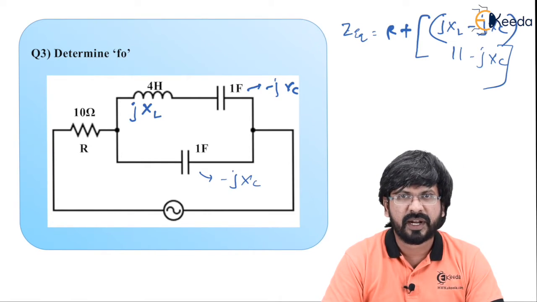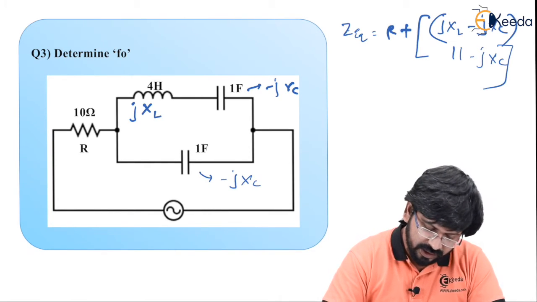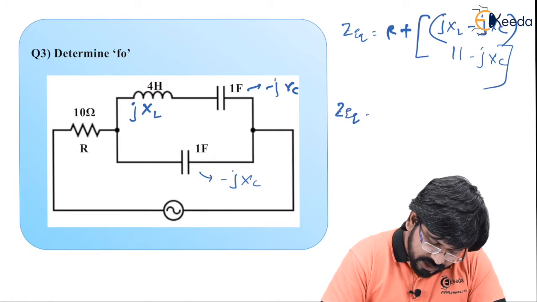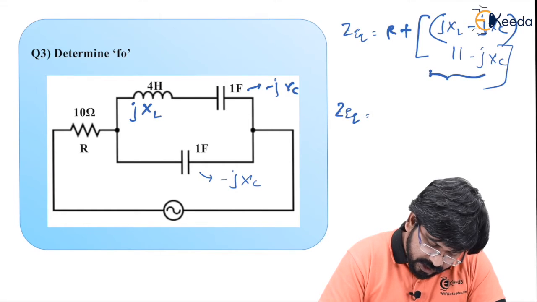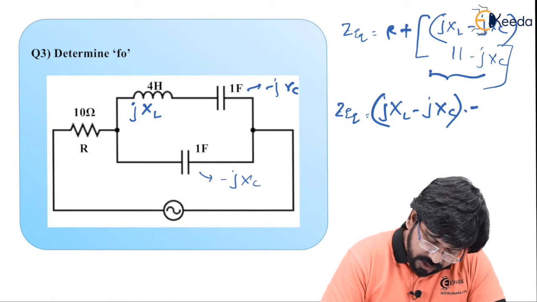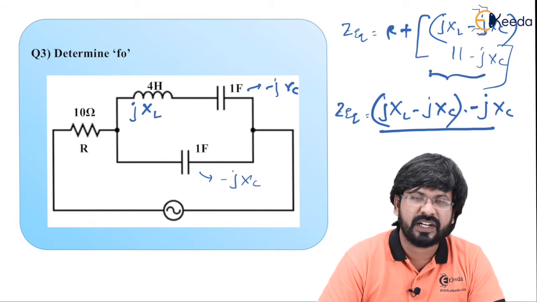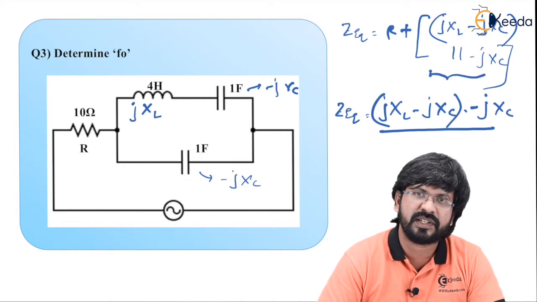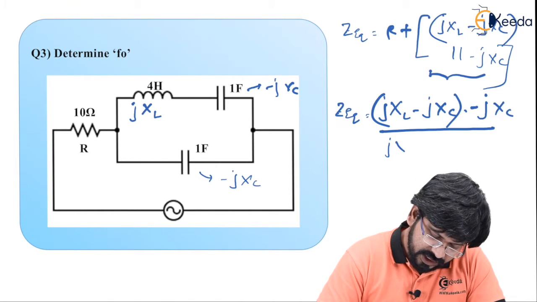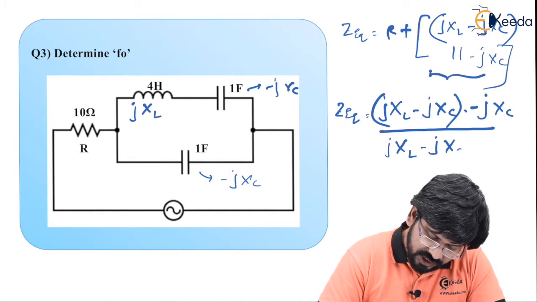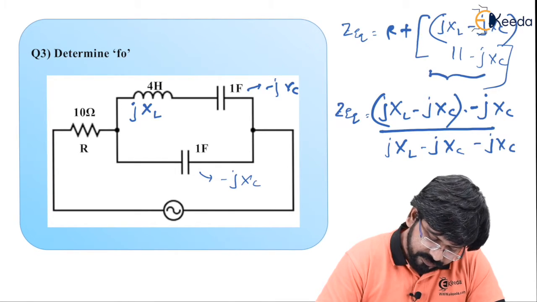First of all, we will solve the bracket and then we will add it with R. Z equivalent becomes, I'll first solve this: JXL minus JXC into minus JXC whole divided by the addition of all, that is Z1 when parallel with Z2, it is Z1 Z2 upon Z1 plus Z2. In that case, it is JXL minus JXC minus JXC.